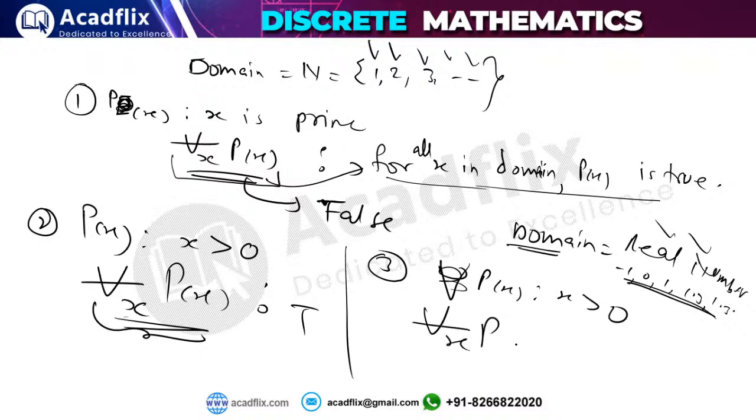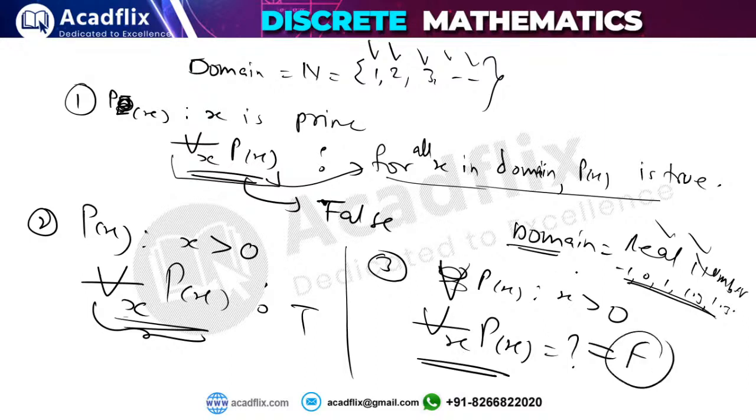Now tell me, for all x P(x), what will be the truth value of this? So the truth value of this will be false.